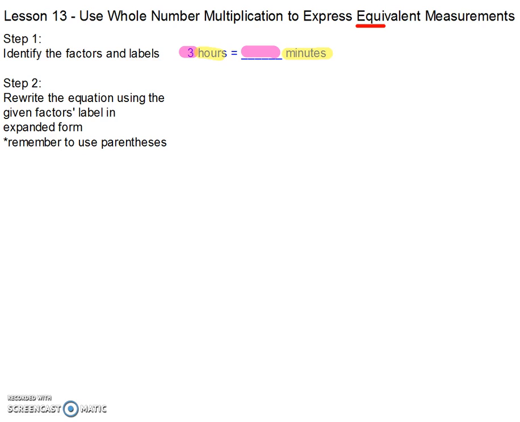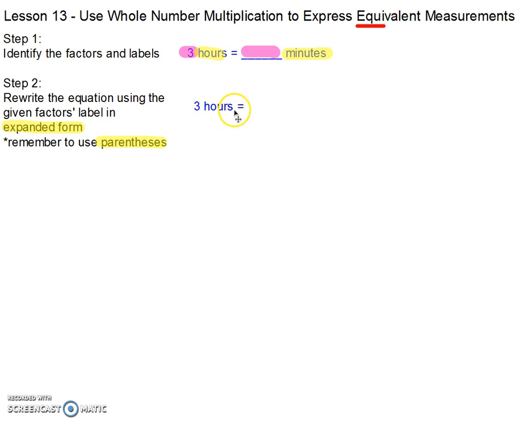Step 2 is we want to rewrite the equation using the given factors label in expanded form. In expanded form means we're going to draw out some of the numbers and separate them. One thing you want to make sure that you're doing is to use parentheses. So the factor that they've given to us is 3 hours, and we're looking for minutes.